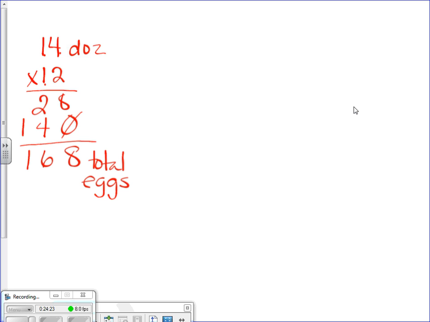But then it says, out of that, he sold 60 eggs. So 168 minus 60. And see, I label everything. He sold 60 and gave the rest to friends and neighbors.